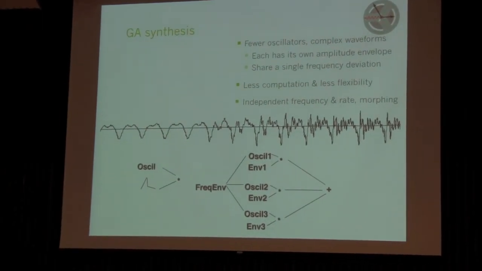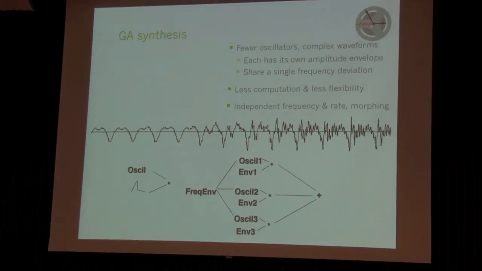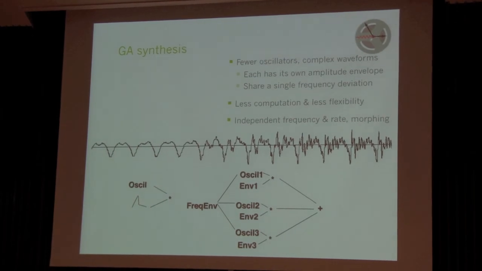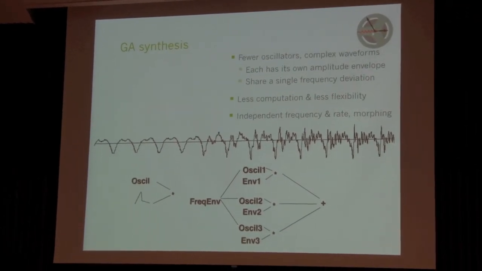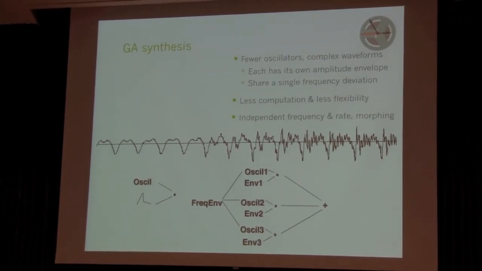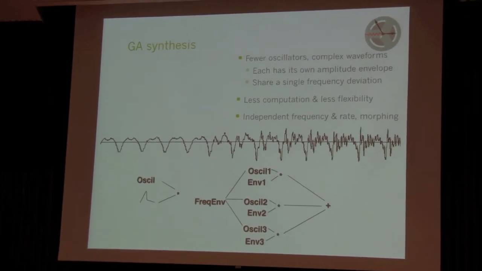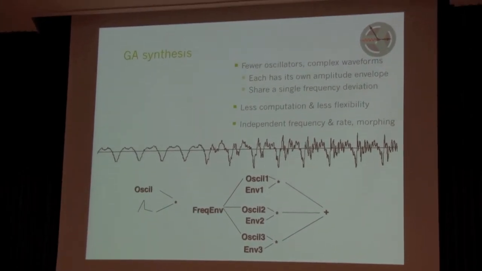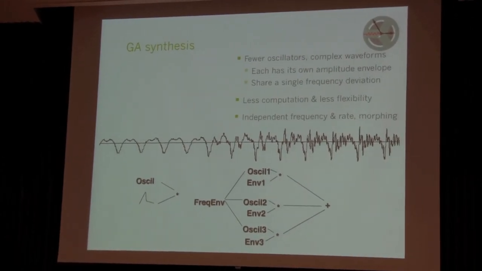That is an optimization of the complete additive synthesis. When you look at the spectrum, instead of using simple sine waves in each oscillator and using hundreds of oscillators, maybe you could reduce it down to 5 oscillators and have a more complex waveform inside each one.